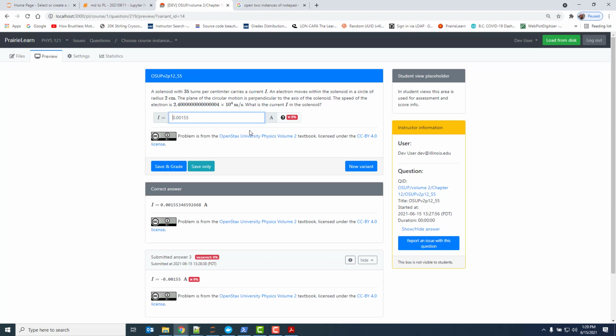Like maybe when I did my calculation, I calculated an answer in milliamps and I forgot to convert to amps, so I would have entered 1.55. And if I did that, it would just be marked wrong, although I'm only off by a factor of 1,000 from a unit error. So we could implement some error checking of that kind as well. So for now, we can put in the correct answer.